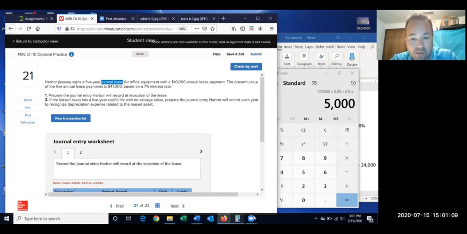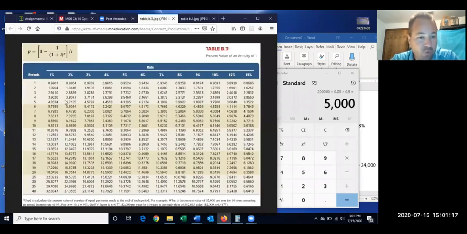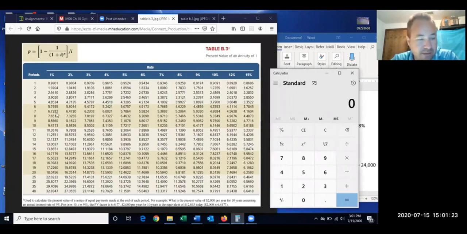We could have done this with the charts. We could have taken 10,000 and then with them being 5 annual payments, we would have had 5 at 7%. We'll see how close the book is with just rounding it. I'm pretty sure they rounded it to 41,000, but we'll see.